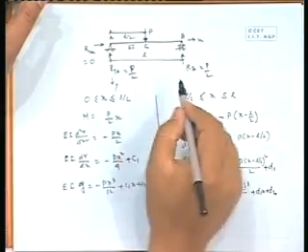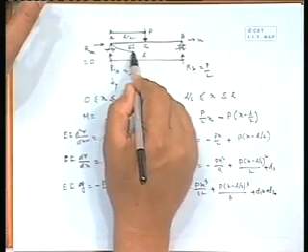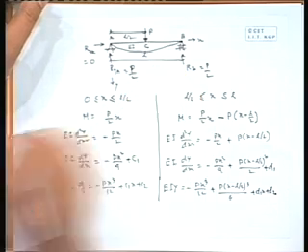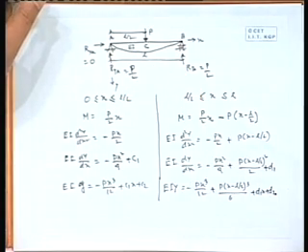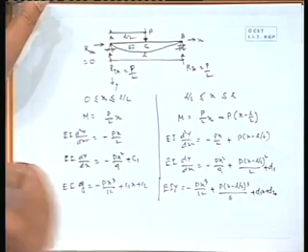So how will we get all these constants? Now here the deformed shape will be something like this. And if you take the load point, the deflection under the load if we calculate from the left span, and the deflection if we calculate from the right span, they are supposed to be equal.